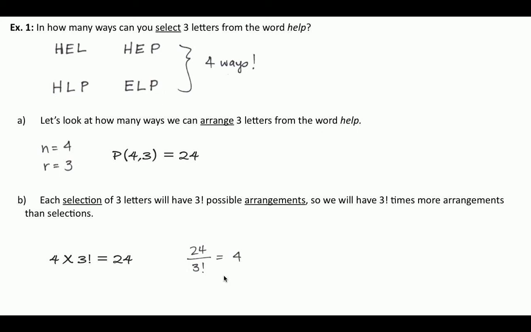Now, if all of this seems a little overwhelming and you're wondering how you're going to apply it, don't worry, because at this point we introduce our formulation of what the combination is. It's basically the permutation divided by the number of ways of arranging each of those selections.